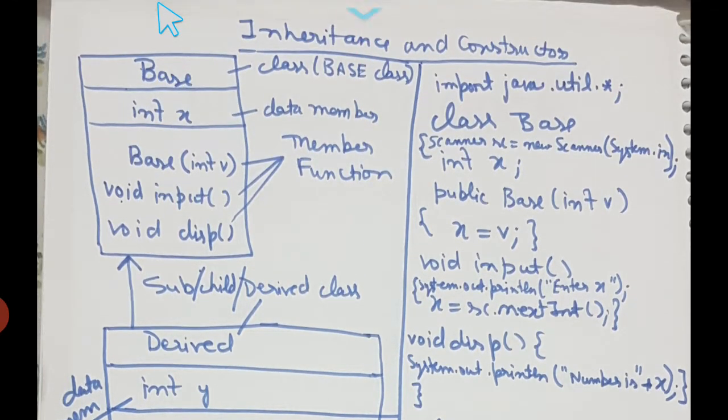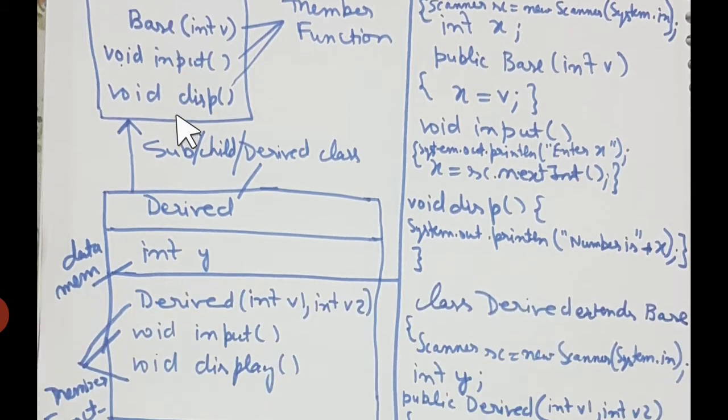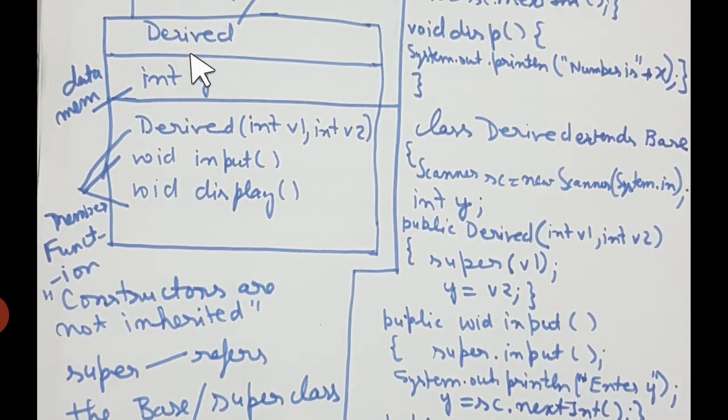All right, you can see here. So now, when I derive from the base class, the value of x is also to be initialized, through this constructor of the subclass or the child class.